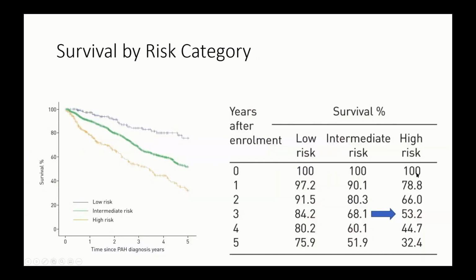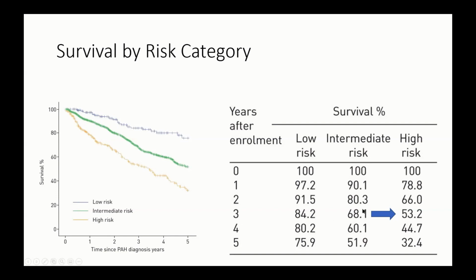Actually, following people out for 5 years, you see here that for someone who is in the high risk group, such as the patient we saw, her risk of mortality or survival is 50% in 3 years. Someone who just showed up to the hospital saying, I've been dyspneic for the past 6 months, it's been progressive, and now I'm hypoxic.